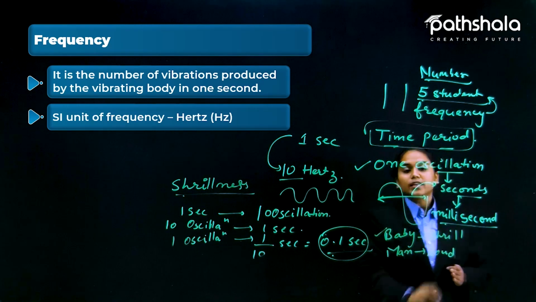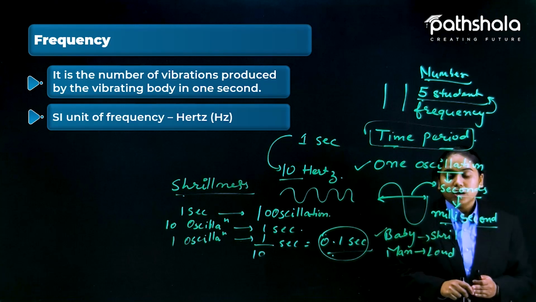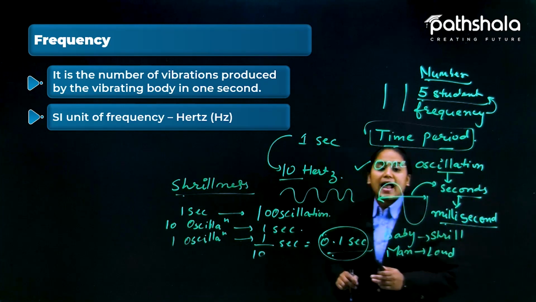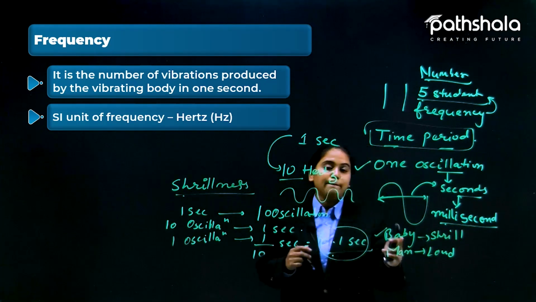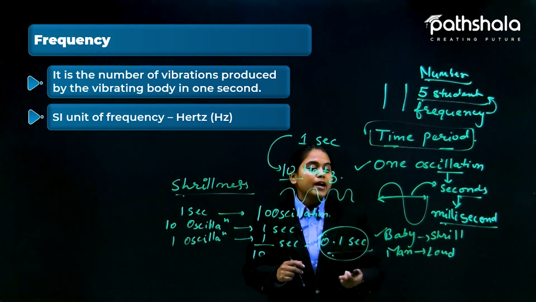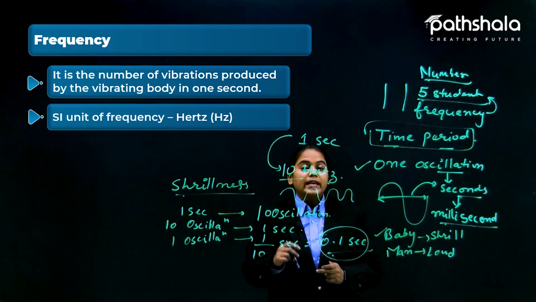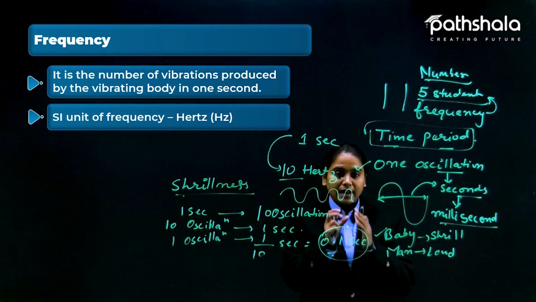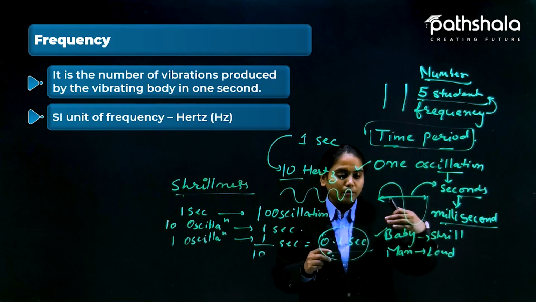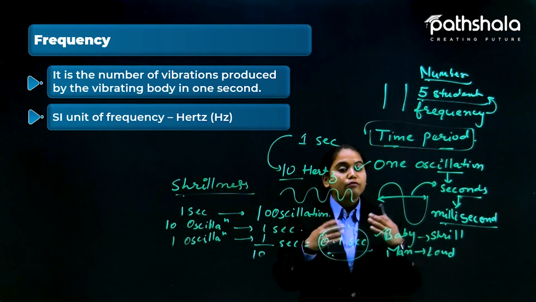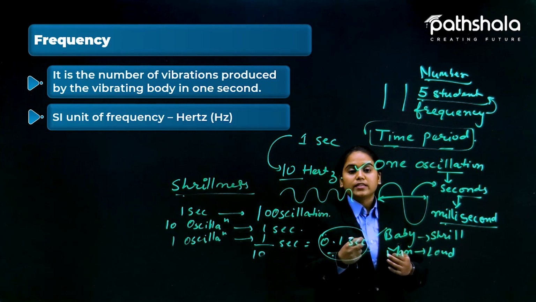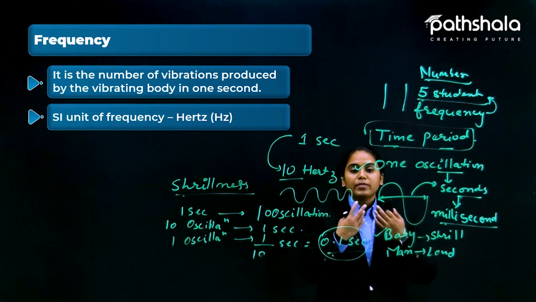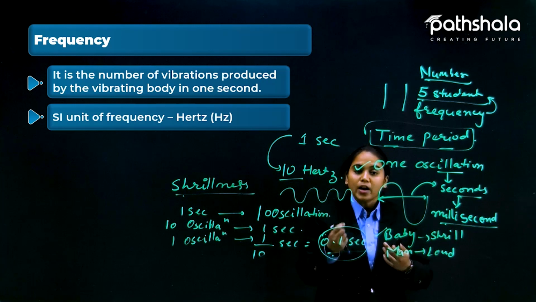Their voice is more tikhi compared to a man. That is why we can say that the frequency produced by a baby is more than that of a man. In the same manner, a woman has the highest shrillness, because the vocal cords are such that the voice coming from inside is a shrill voice.